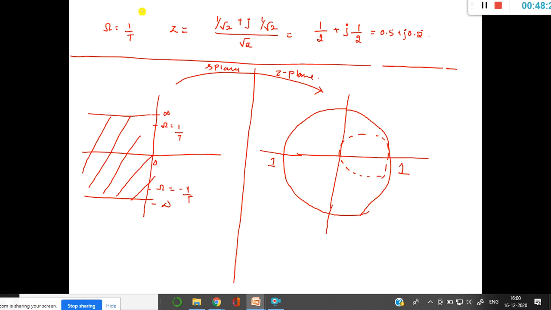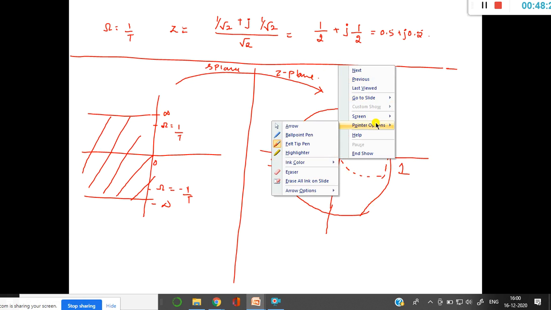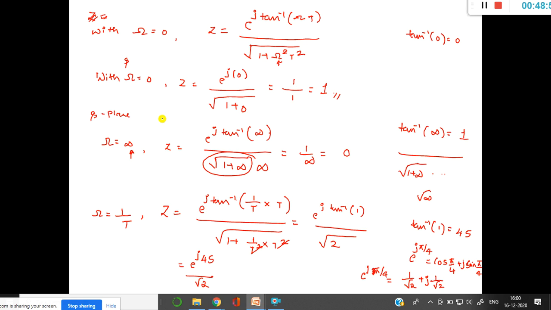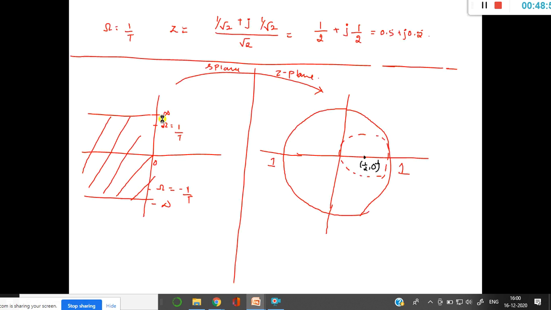Let me take a different color here. Now this is radius of 1 and this will be radius of half, right? And the center lies at 1 by 2 comma 0. Fine. Now what is the value of omega with 0? First value, it is z equal to 1.